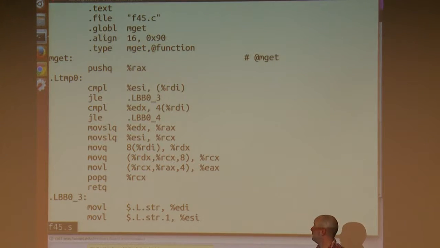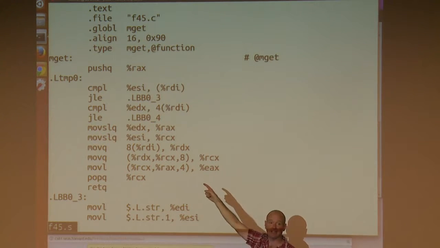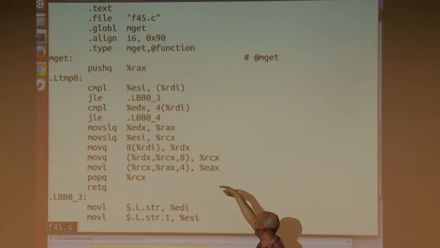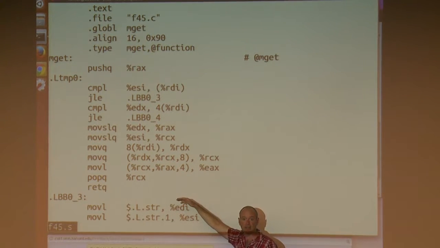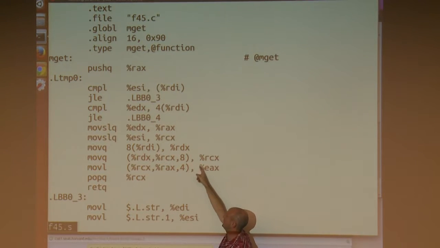So first of all, how many parameters are there? I see at least 3. Okay, we see RDI, which is the first parameter, ESI, which is the second parameter, and EDX, which is the third. I don't see any other register that is being used before it's defined. We are using RCX, but we set it to a specific value, right? So we're not reading it.